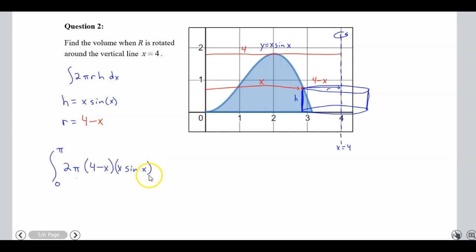There's my h, and then of course the thickness, dx. Alright, so go ahead and compute that out, see what you get. And what I got is 42.077. Alright, so that would be the final answer on that guy right there.